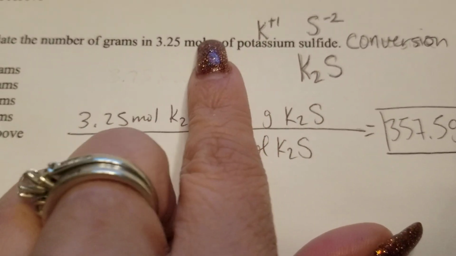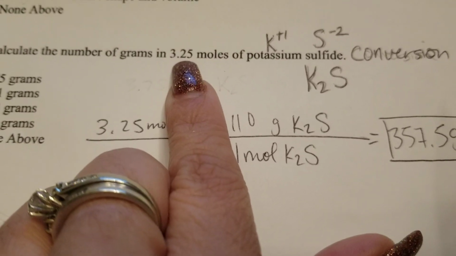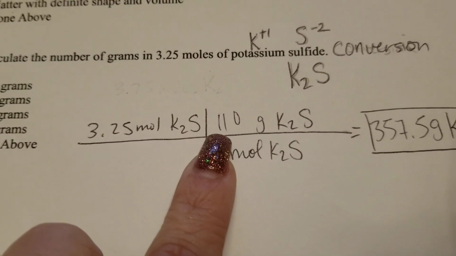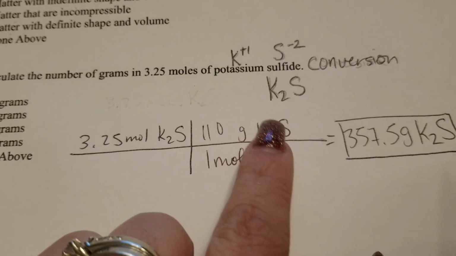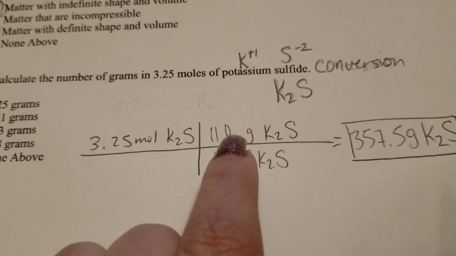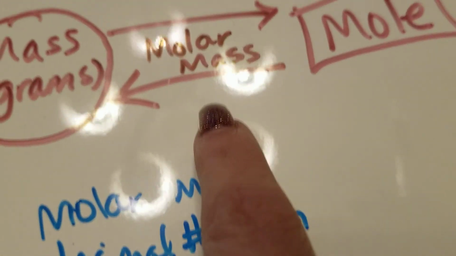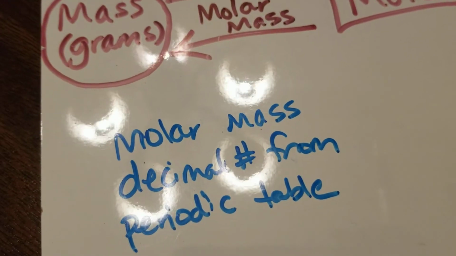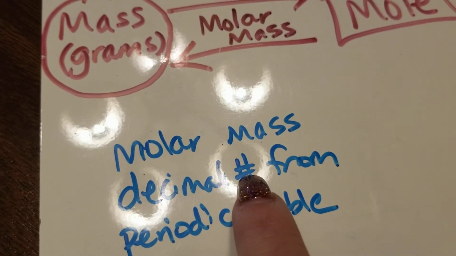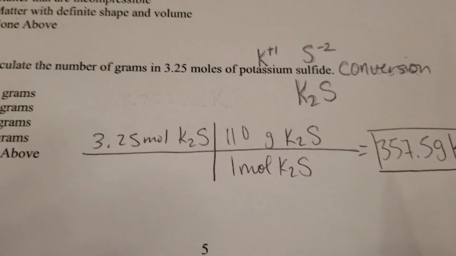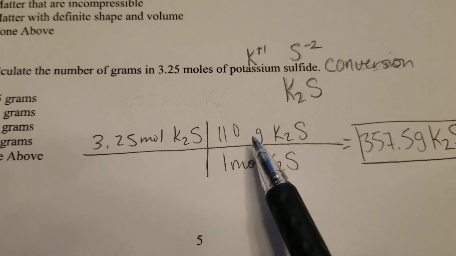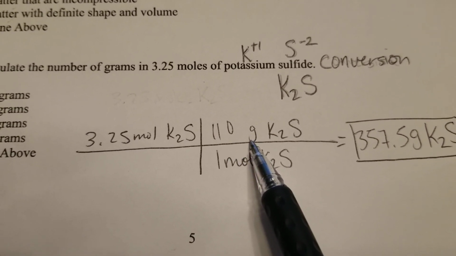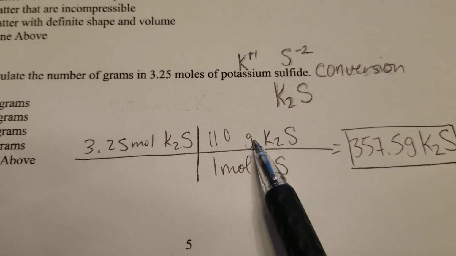So when I set up my conversion, just like I did in that first problem, I start with the value they gave me, 3.25 moles of K2S. I do a T-chart. I'm going to put my conversion factor here. This time my conversion factor is the molar mass that I got from the periodic table by adding up the decimal numbers. So I got 110 grams. Every time you add up the molar mass from the periodic table, it's grams, okay?